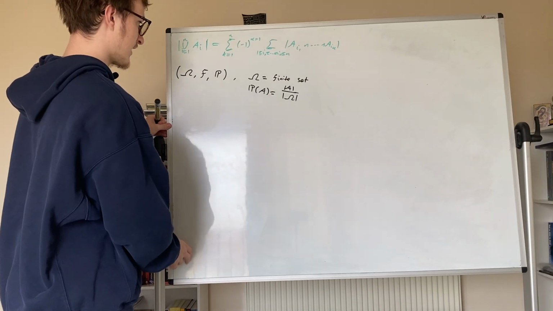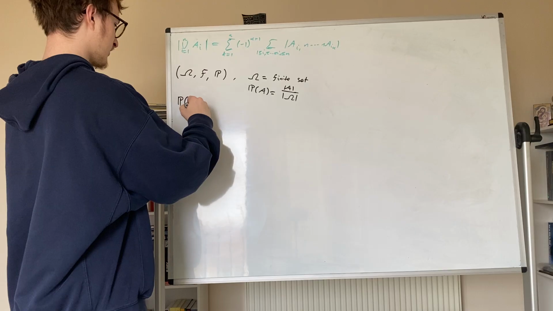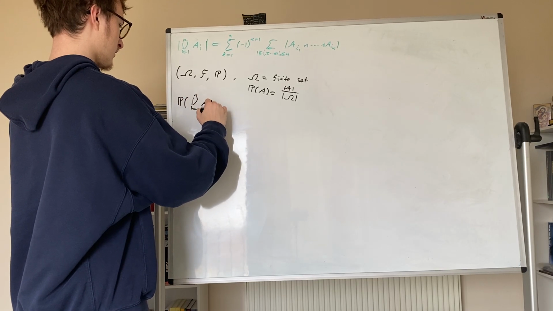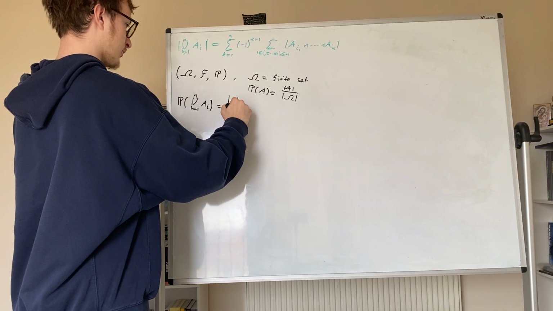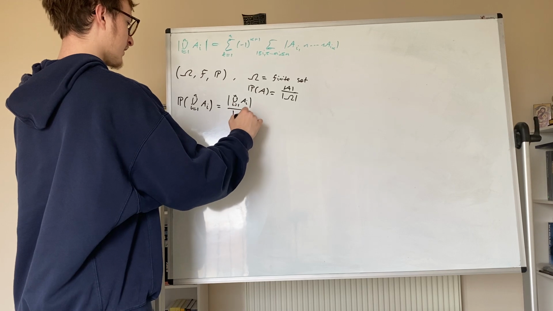So what do we actually get? We get the probability of the union from i equals 1 to n of Ai, which is just given by the size of the union from i equals 1 to n of Ai divided by the size of Omega.